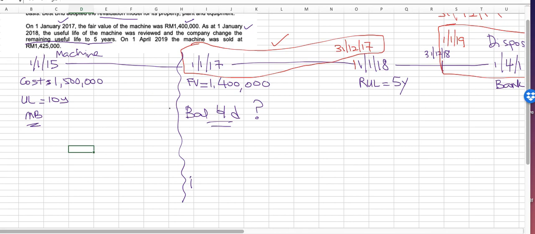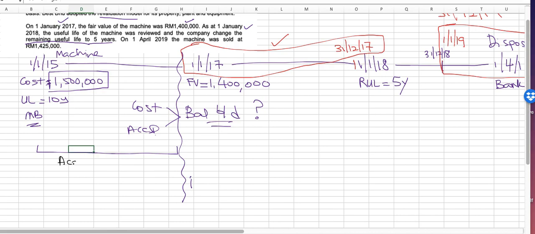So what is the cost? Because we need to find the cost and the accumulated depreciation. What is the cost from previous year? Must be this one, 1.5 million. What is the accumulated depreciation from previous year? So we have to calculate that. Okay, so let's calculate the accumulated depreciation.